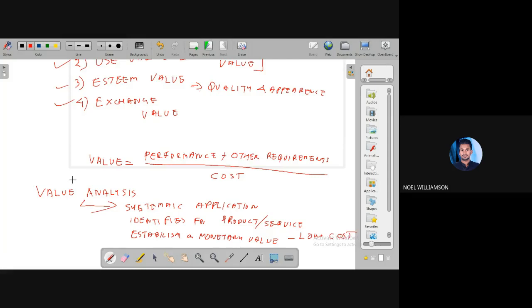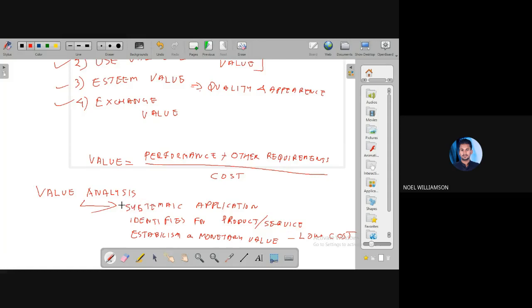So what is a value analysis? It is mainly a systematic application of the recognized techniques. Whatever the techniques are there, the application of that in a systematic manner.